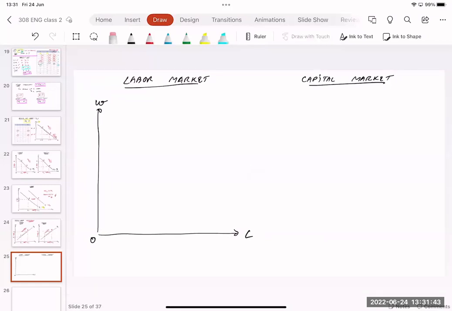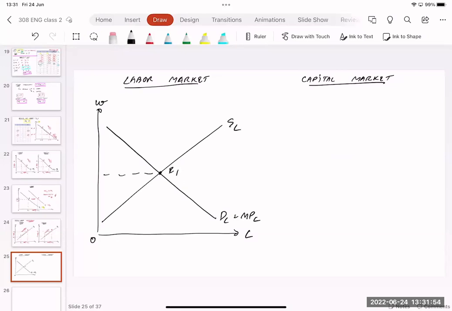We have demand for labor, DL, which comes from MPL. We have supply of labor. We have the equilibrium real wage, W star, and the equilibrium number of labor, L star. L star is the number of labor in the economy.